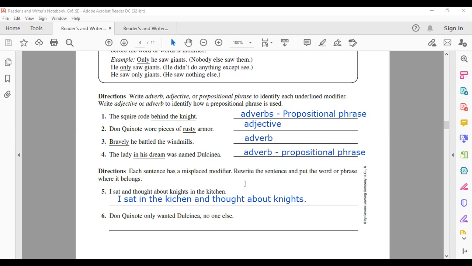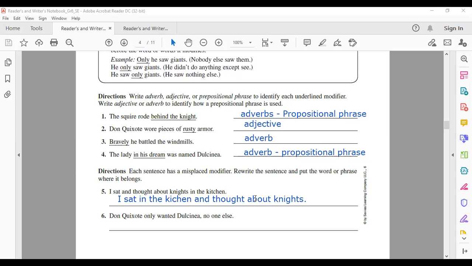When I say no one else, he only wants Dulcinea, right? But here I said that Don Quixote only wanted Dulcinea. This is the only thing that he wants from life, Dulcinea. Does he only want Dulcinea and he doesn't want to eat, go any place, go to the bathroom, drink, or sleep? This is the only thing he wants in life, or he has to do other things? He only wanted Dulcinea.